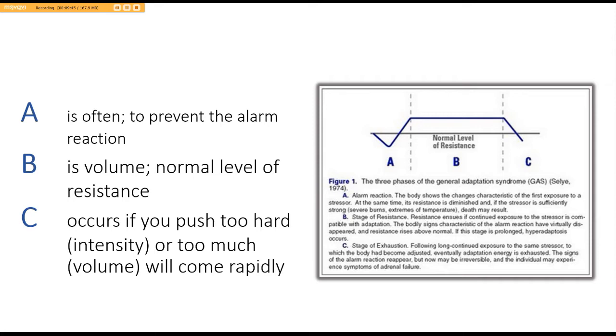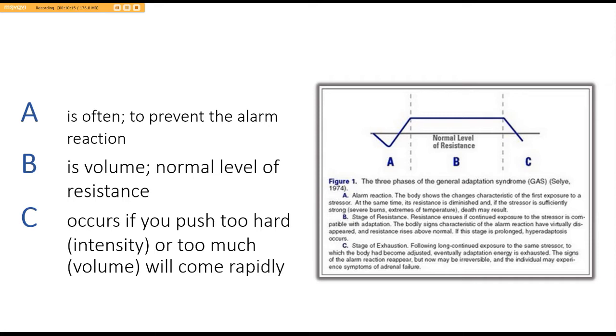In B, volume each week, committing to 4 hours, 6 hours, 8 hours, whatever is sustainable for you, enables you to adapt to the training environment. So combining the frequency of training, as in how often, and the volume of training, being consistent across those two, now enables you to develop a stage of resistance, of adaptation above the normal level.